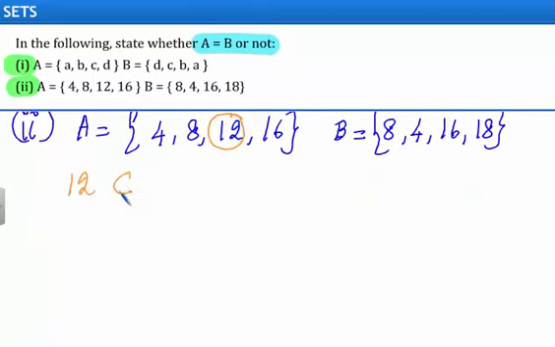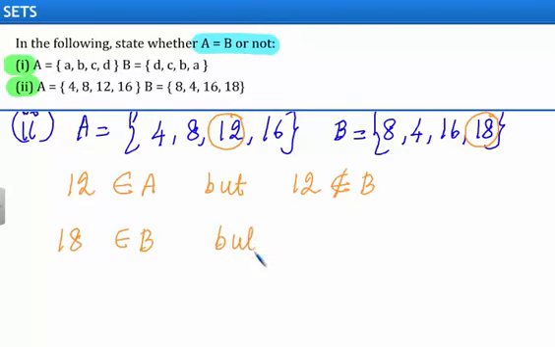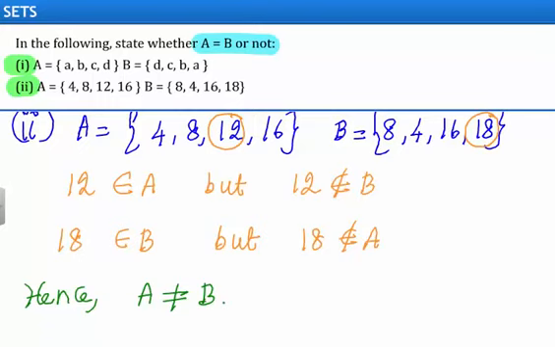Here, 12 belongs to the set A, but 12 does not belong to the set B. Also, we can see the element 18 in set B. 18 belongs to the set B, but it does not belong to the set A. Therefore, these two sets are not having exactly the same elements. Hence, set A is not equal to set B. This completes the solution.